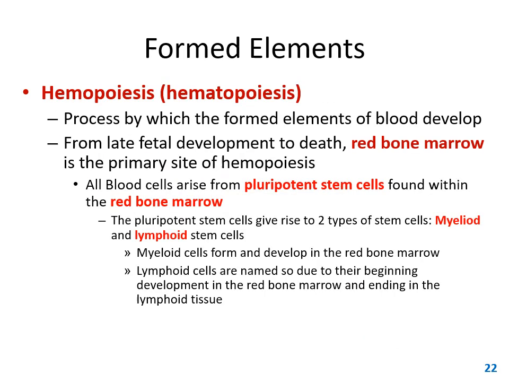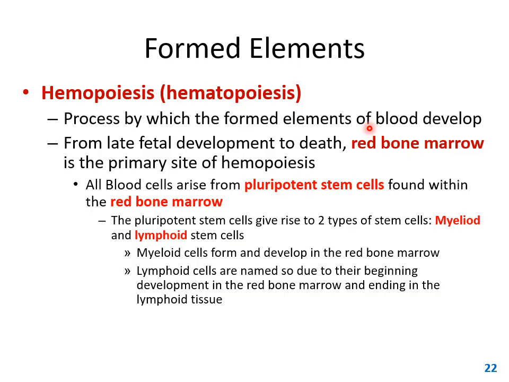All right. So when you're talking about formation of those elements, you're really talking about hematopoiesis, or hemopoiesis. This is where you're going to get your formed cells, right? So where is this going to happen?